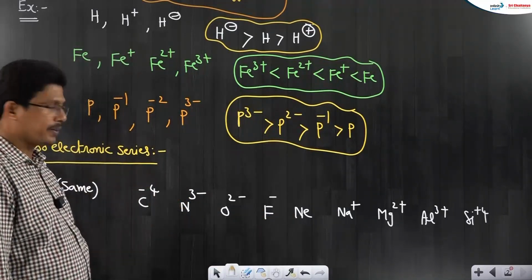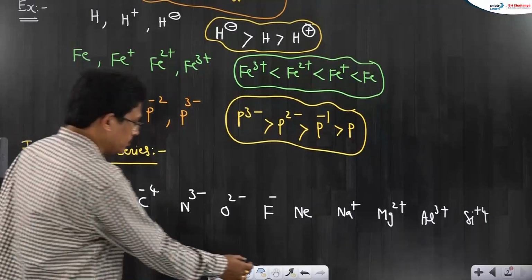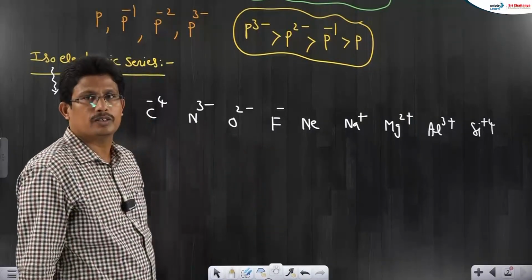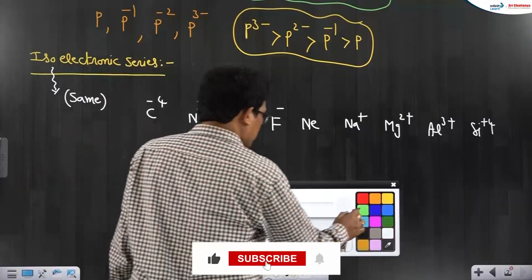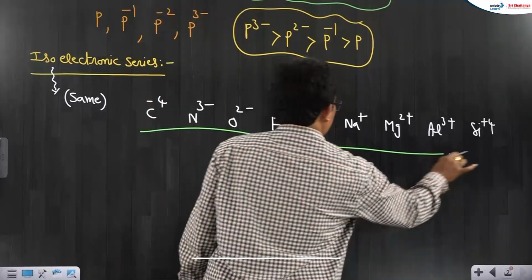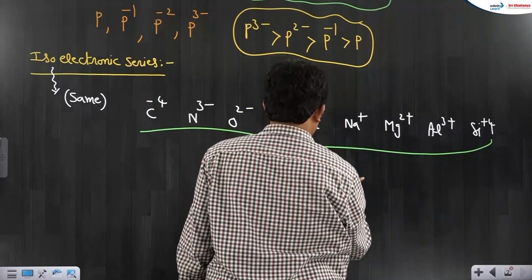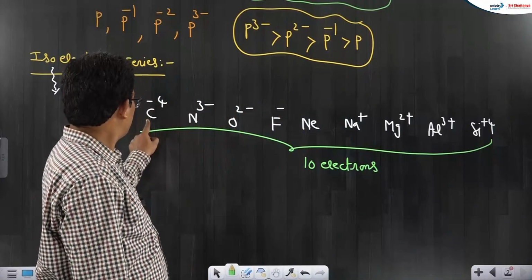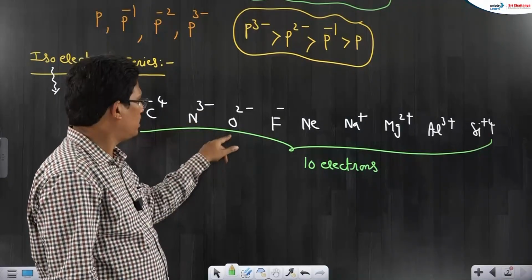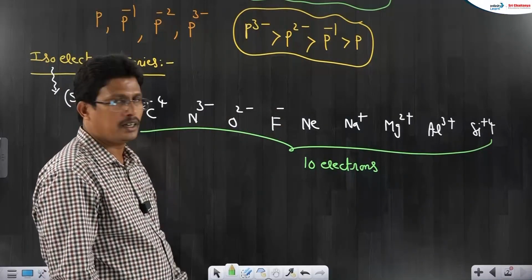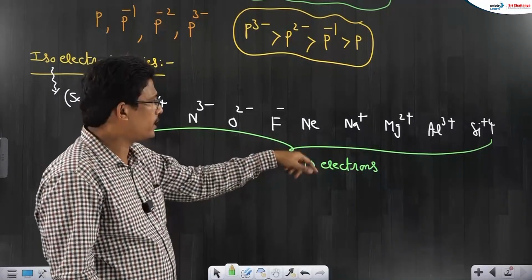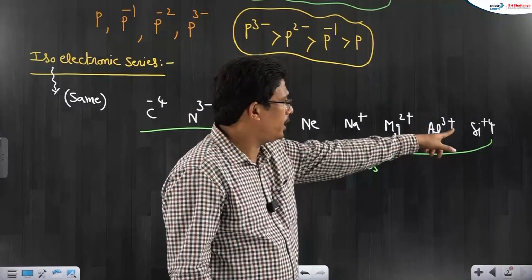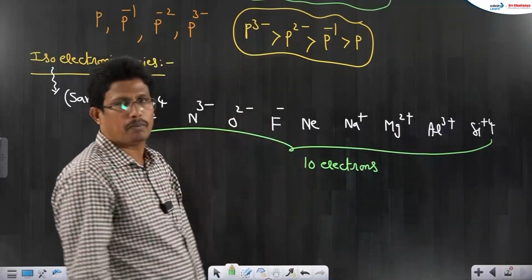All are isoelectronic because all have the same number of electrons, 10 electrons: 6 plus 4 is 10, 7 plus 3 is 10, 8 plus 2, 9 plus 1. Neon also has atomic number 10; 11 minus 1, 12 minus 2, 13 minus 3, 14 minus 4. All have the same number of electrons.